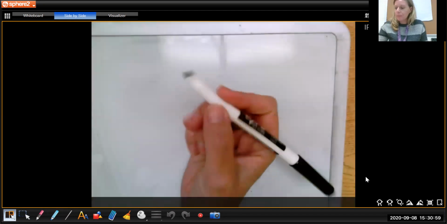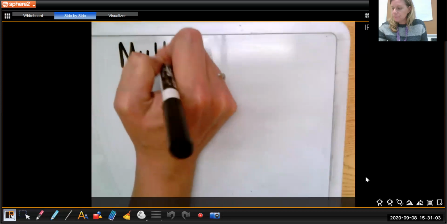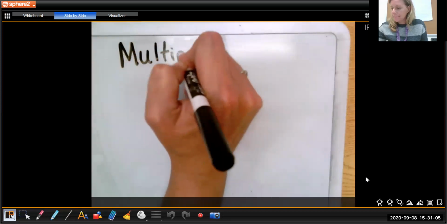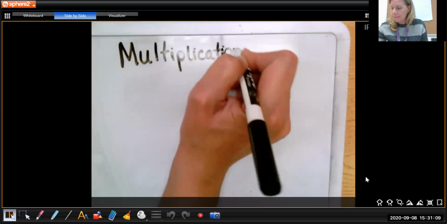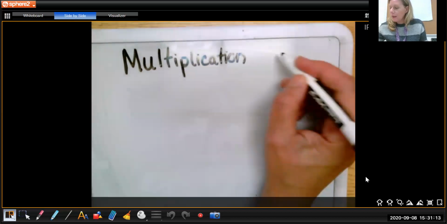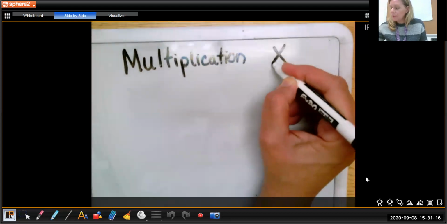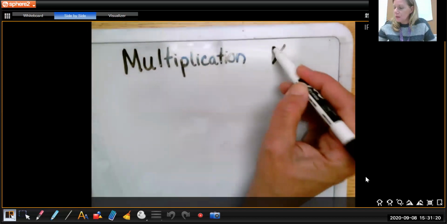At the top of your paper, I want you to write multiplication. And then I want you to write the symbol that we use for multiplication, which is the X.